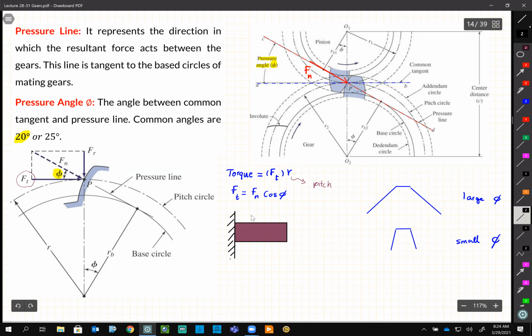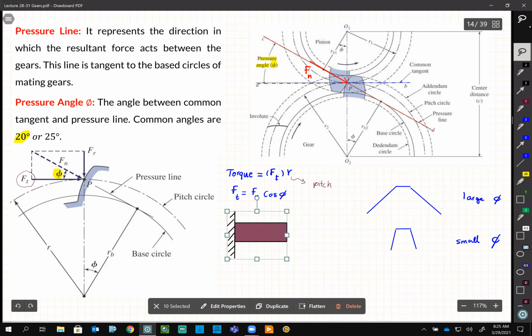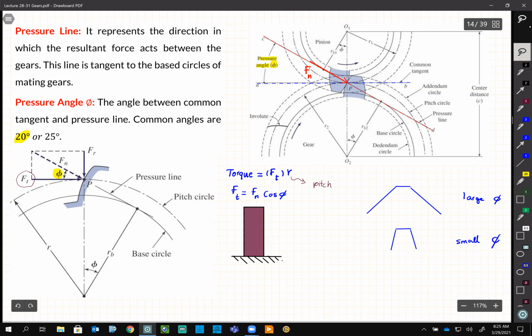The way you do it, visualize a gear as more like a cantilever beam. Let me rotate it like that. So it looks like that gear. So you estimate a gear more like a cantilever beam.